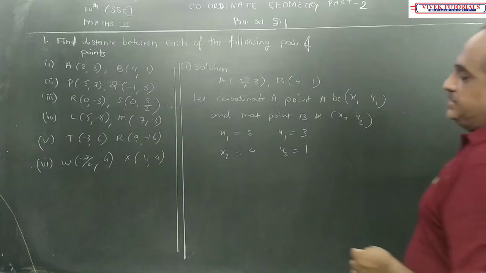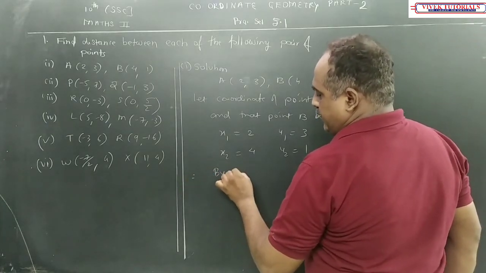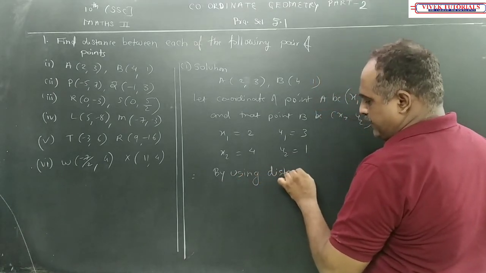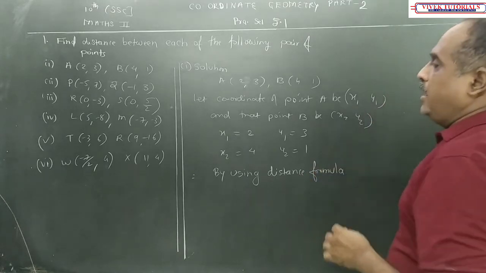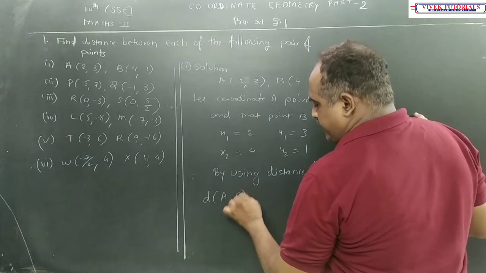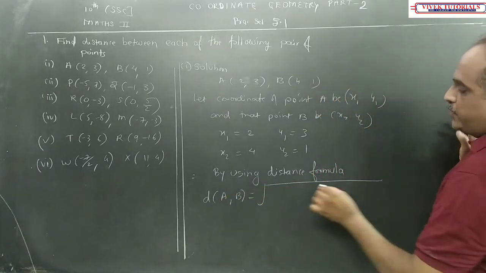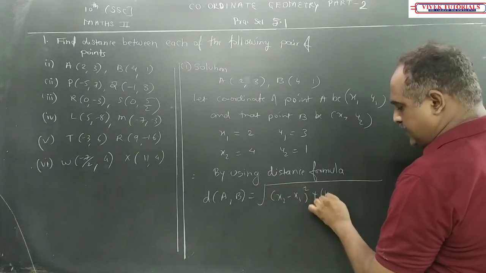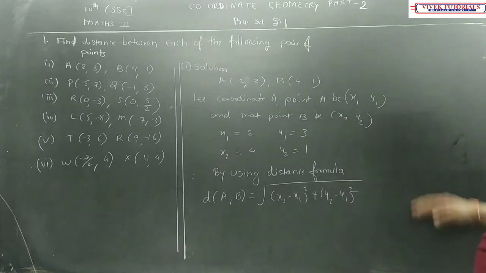Then, therefore, what can I write? By using the distance formula. What is the distance formula? Distance between A and B is equal to square root of x2 minus x1 the whole square plus y2 minus y1 the whole square.